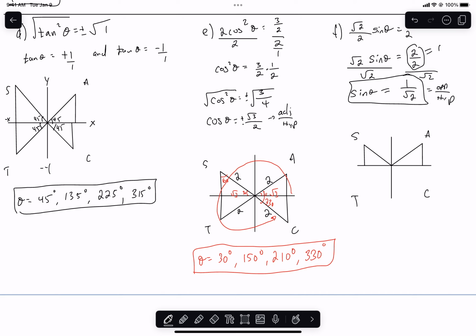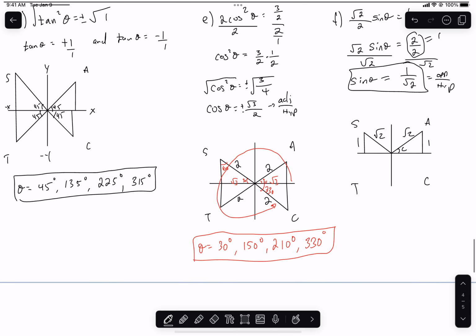So opposite is going to be 1, and the hypotenuse is going to be root 2. And so we know if I have a root 2 in the triangle, it has to be the 45. And so we know that theta for question F is going to be 45 degrees, and theta is going to be 135 on the other side. That's it.